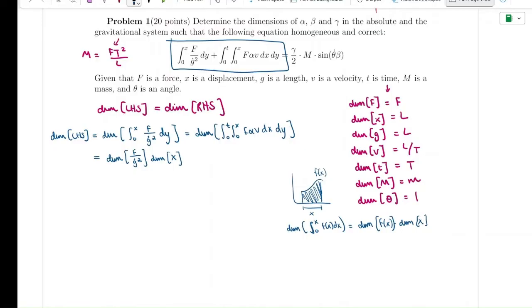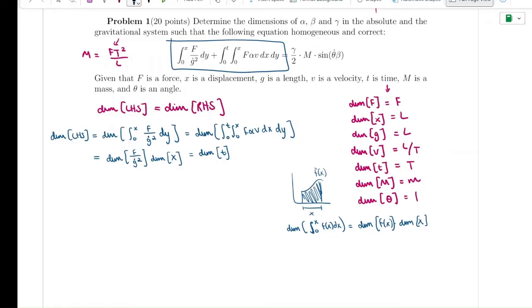And then we can do the exact same thing on this side, where we now have a double integral, which you can think of as the first integration becoming that function f of x that you're going to integrate again over some integration bounds. So we can split this up into the dimension of y, which in this case is going to be the dimension of t, because again, the integration bounds are what you're actually evaluating at the end.